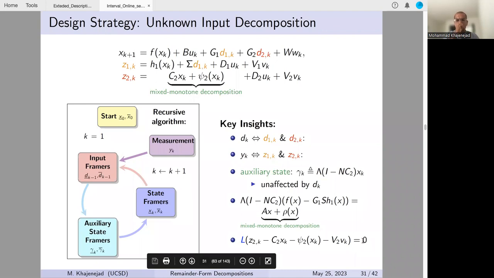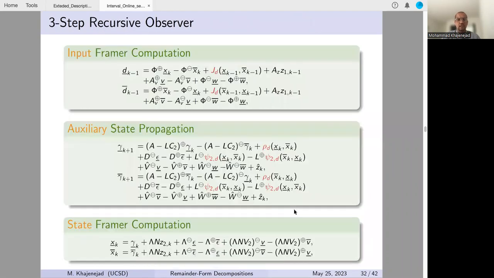Okay, combining all these ideas together, we can design a recursive, three-step observer design, which consists of computing input framers, then propagating this auxiliary state, and then computing the framers for the actual states as functions of those framers for the auxiliary state.